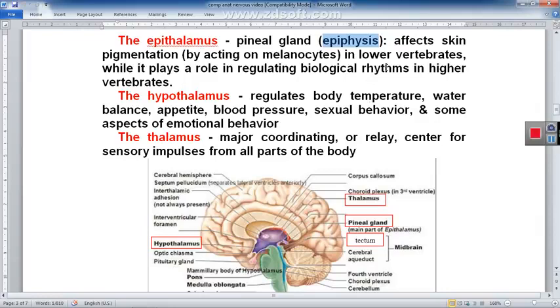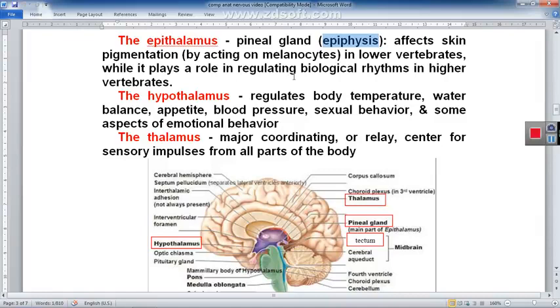The pineal gland has a function that is related to pigmentation of the skin in lower vertebrates by controlling the activity of the melanocyte cells of the skin. While in higher vertebrates, including the human, the pineal gland, the epiphysis, which is the epithalamus, has a role in regulating the biological rhythm of the human or higher vertebrates.